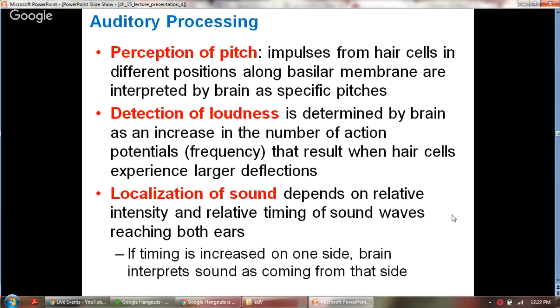Also, loudness is determined by the brain as an increase in the number of action potentials that result when hair cells experience large deflections. And the localization of sound depends on the relative intensity and relative timing of sound waves reaching both ears. If timing is earlier on one side, the brain interprets the sound as coming from that side.